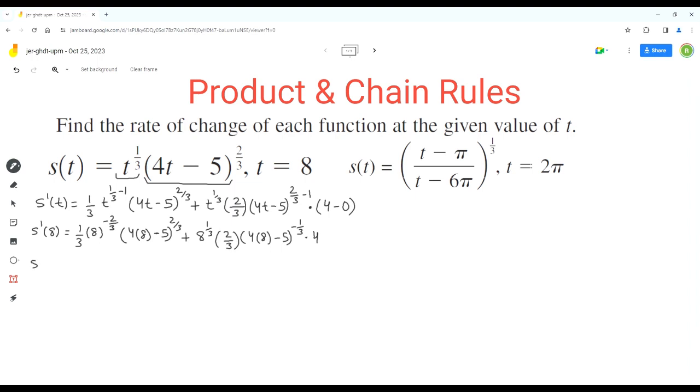Now in the next step we can simplify it further. So s prime of 8 equals 1 over 3.